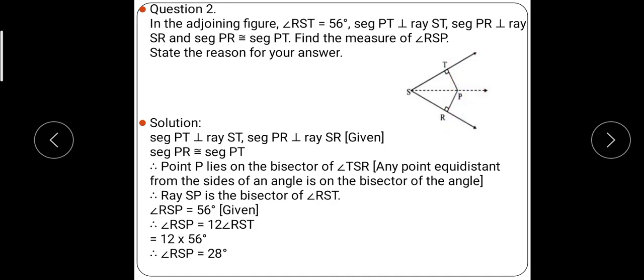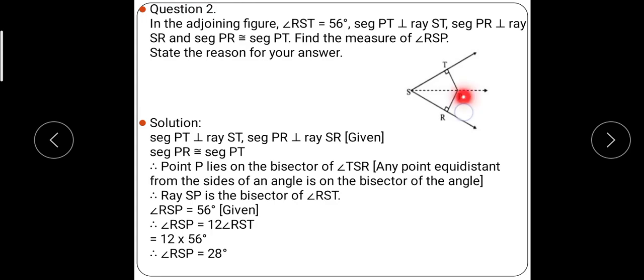Find the measure of angle RSP. Very simple. Now listen. In the figure, angle RST is equal to 56. Now PT is perpendicular to ST. PR is perpendicular to SR.